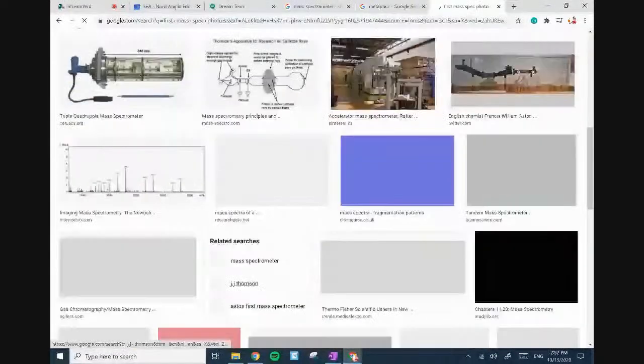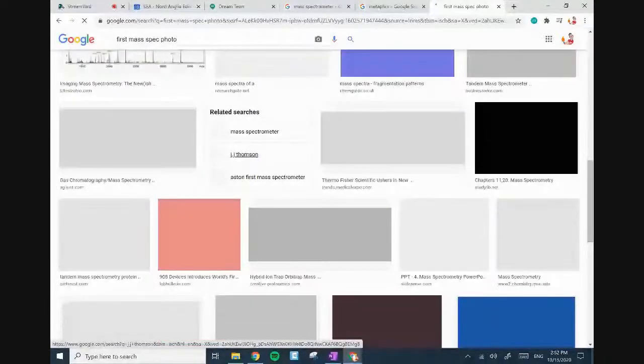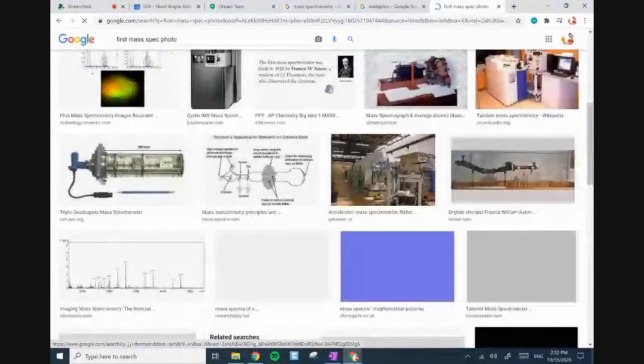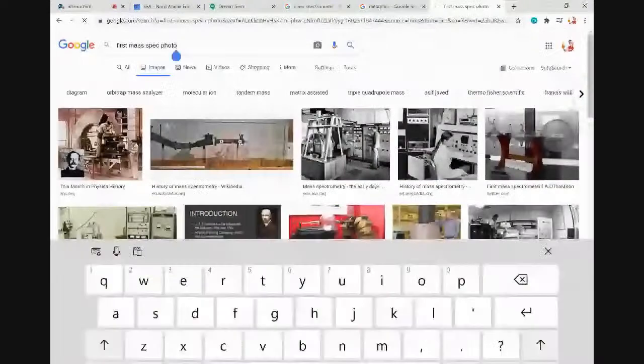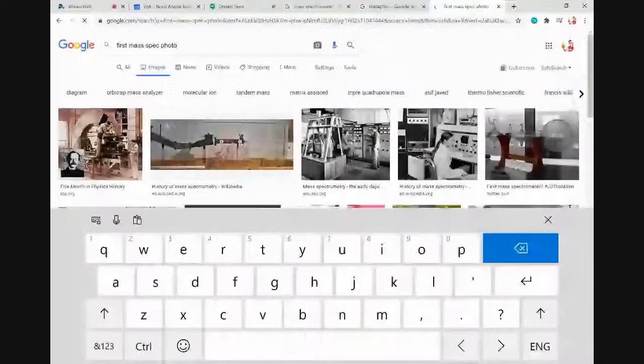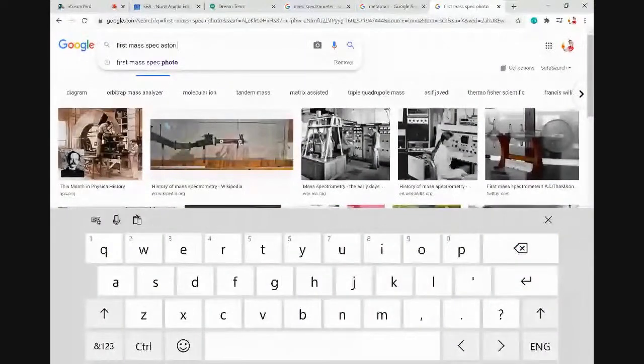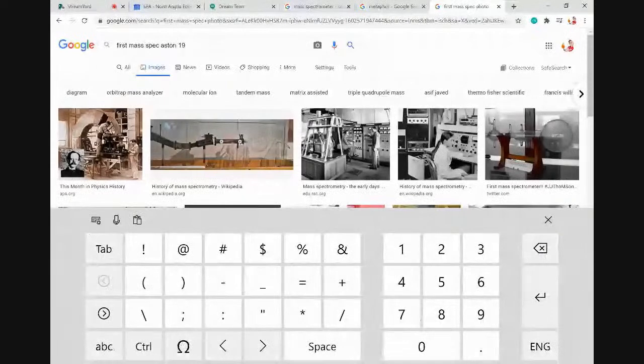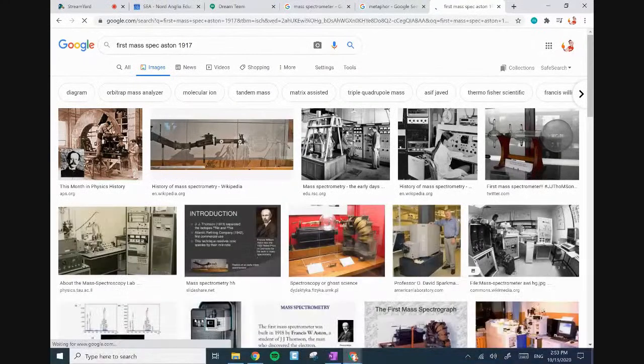Oh, what was the year? Aston 1921. It was by Aston. It was indeed. It's like 1919 or something, or 1920 or 1917. Oh man, I'm going to get the year wrong, and it's not going to give me the photo.